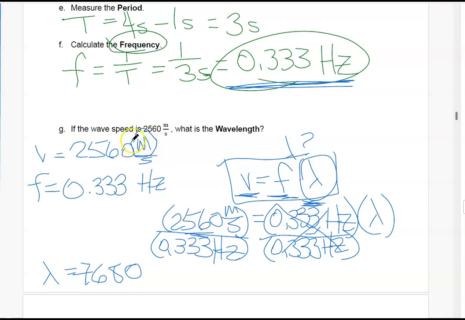You'll notice the only length unit in here is meters, and in fact, if I divide meters per second by per second, remember hertz is per second, I'll end up with meters. So my wavelength is 7,680 meters. If you have a value that varies a little bit because you rounded the 0.333, that's perfectly fine. I'm not going to mark off for that. Again, we don't cover rounding numbers in this course. And with this, we'll stop here.